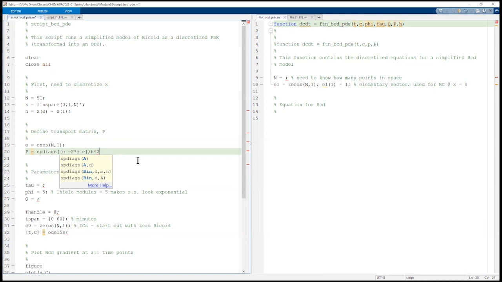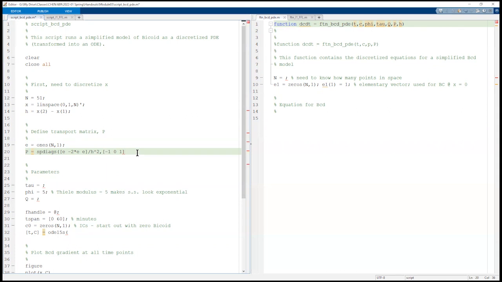So we're going to transform this matrix, which is this 3-column, really tall matrix of, I guess, 51 points, and we're going to transform that into a matrix where this is going to be spread out on the diagonals. And that's what spdiags does. The next input that we're going to put into this spdiags function is -1, 0, +1.